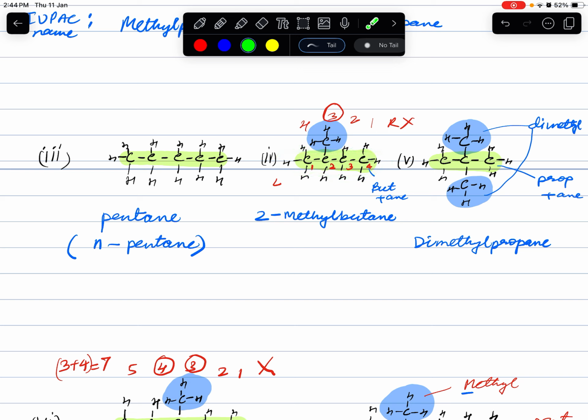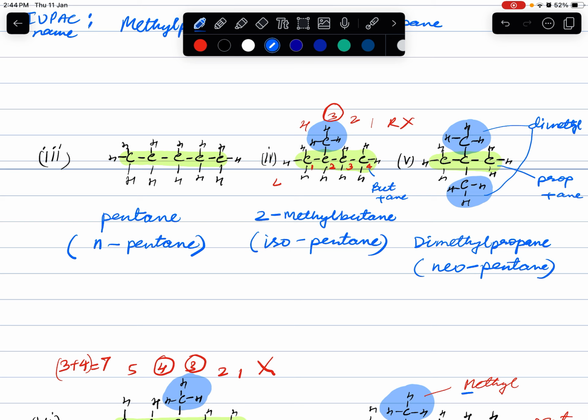Total 4 plus 1, 5. So this one is named isopentane. And in the third one, this is the chain, and at the same point there are two branches. That is, the second carbon has two branches. So this is the neo arrangement, and this compound is called neopentane.